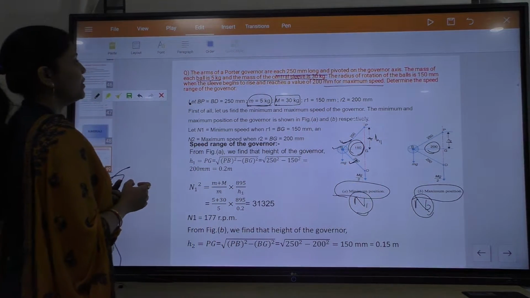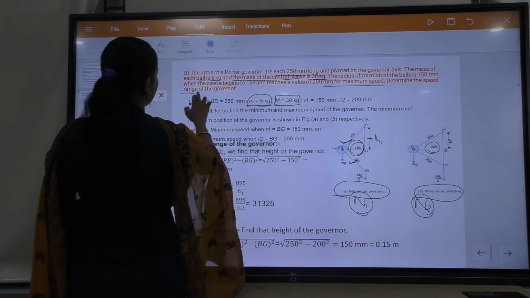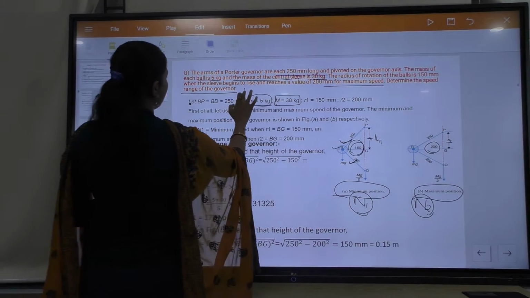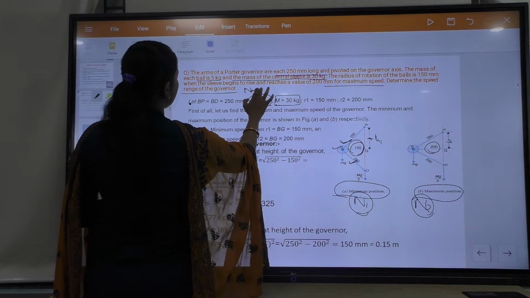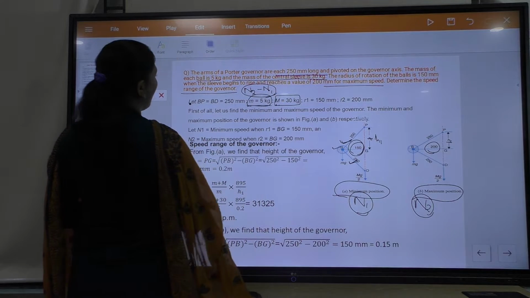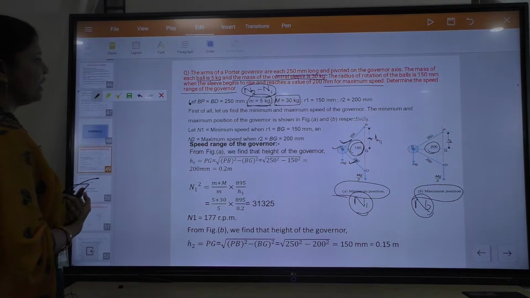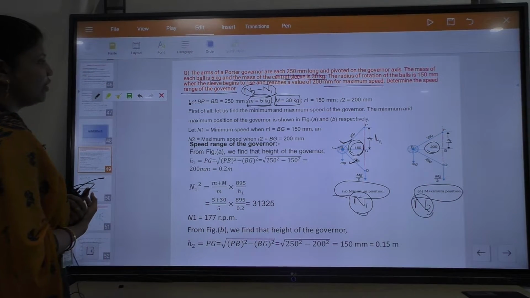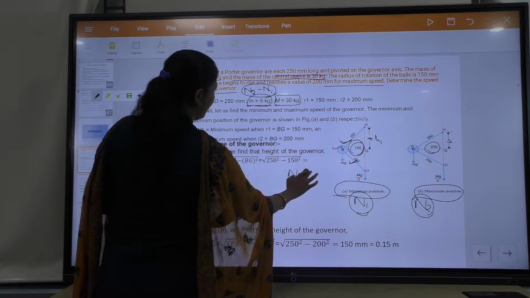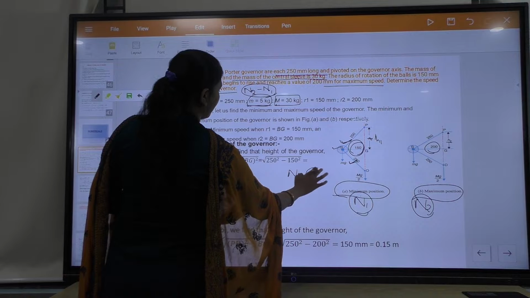Now we have to determine the speed range of the governor. So what is the speed range of the governor? This is the difference between the maximum speed and minimum speed. So how can we find the value of n2 minus n1? For that, first of all we have to calculate the values of n2 and n1.